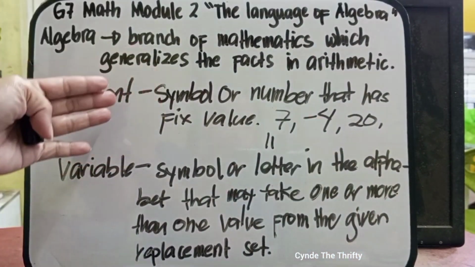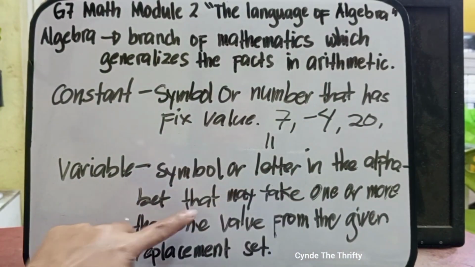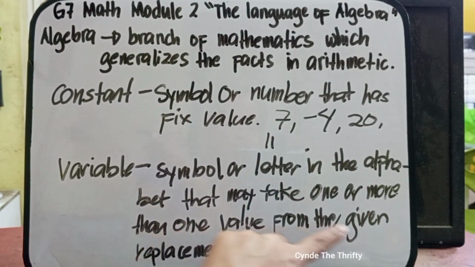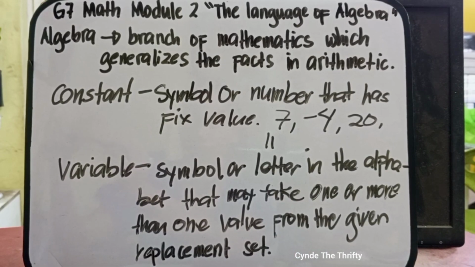Fix ang kanyang value. While ang variable is a symbol or letter in the alphabet that may take one or more than one value from the given replacement set. So, ito yung mga letters sa ating algebraic expression or equation rather. Ito yung makikita nating mga letters. So, yun yung tinatawag nating variable. Pagkatapos, ito yung nagre-represent ng mga unknown value or mga unknown number.